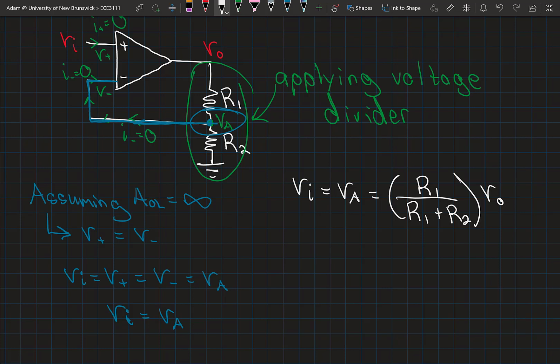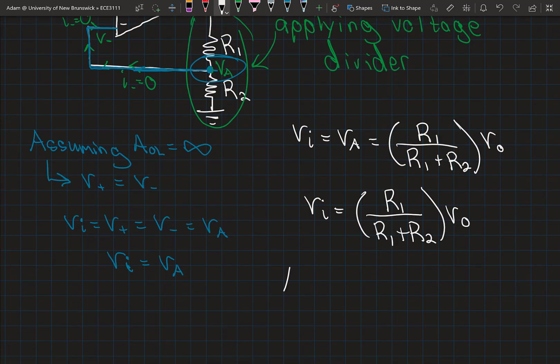So let me just rewrite this. We're saying that the input voltage is equal to R1 over R1 plus R2 times V out.